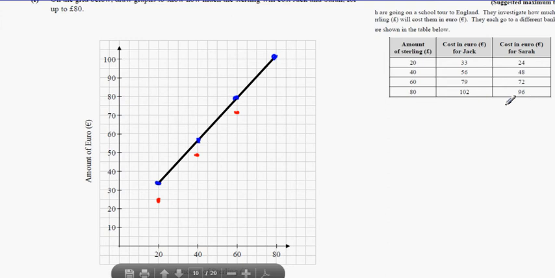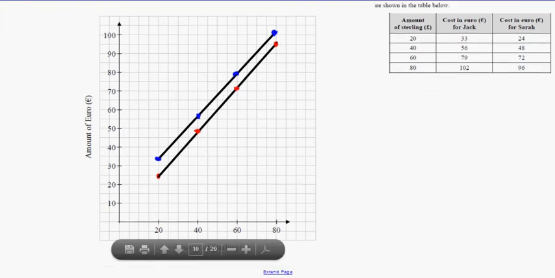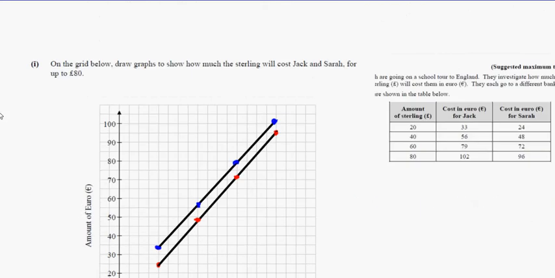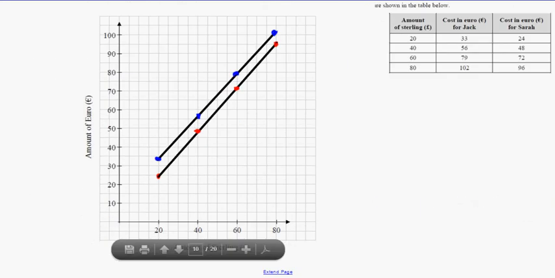And finally €96 for 80 sterling, which is around here. Then we just draw a line to represent all these points, and that's your line there. Okay, now, that is question 1 answered.